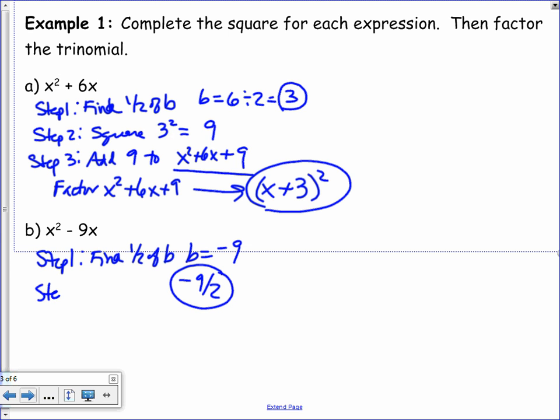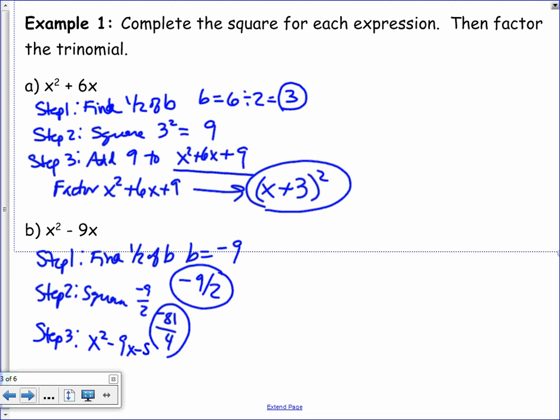Now when we square that, we get 81/4. Now we'll add that to the original one, so we'll have x squared minus 9x plus 81/4. And then when we factor that, we get x minus 9/2 squared.